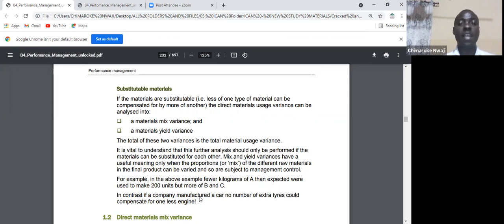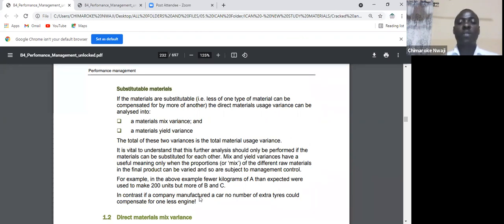Maybe materials A and B are substitutes, and you need 100 of A, but you only get 80. It means you can use material B as a substitute for material A, so we compensate for the lack of 20 that you are experiencing in material A.